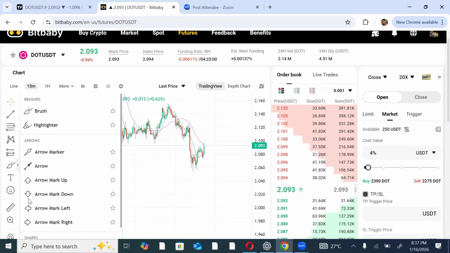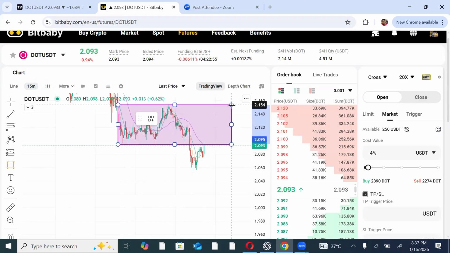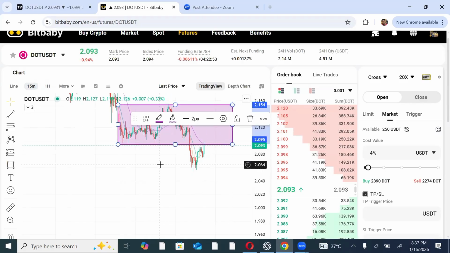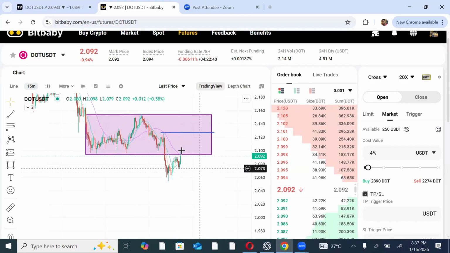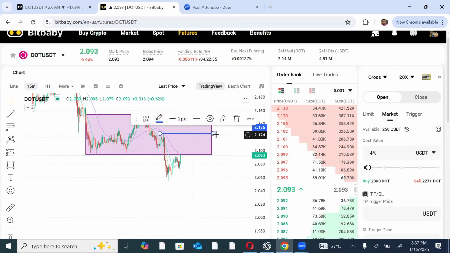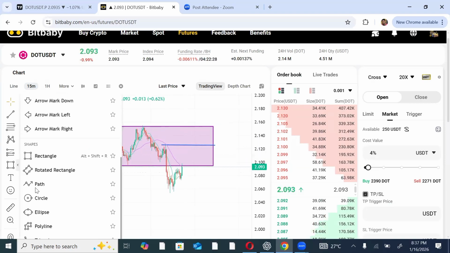This is my range. I want to see price break this structure to the upside, and then give me something of this nature.